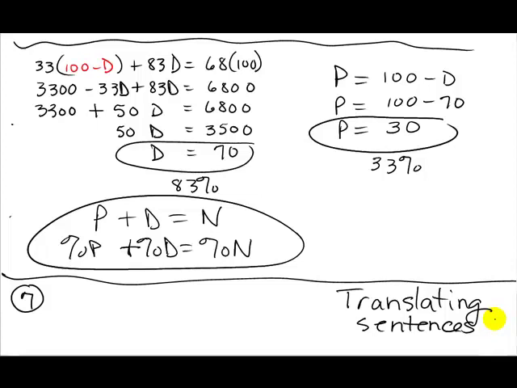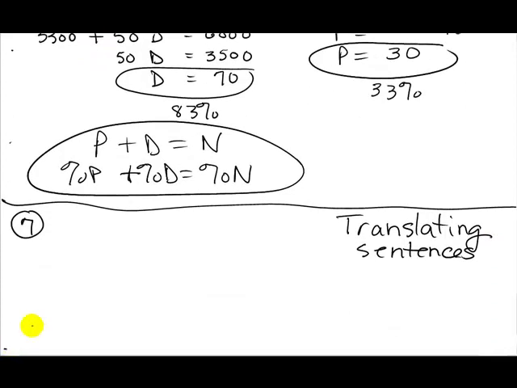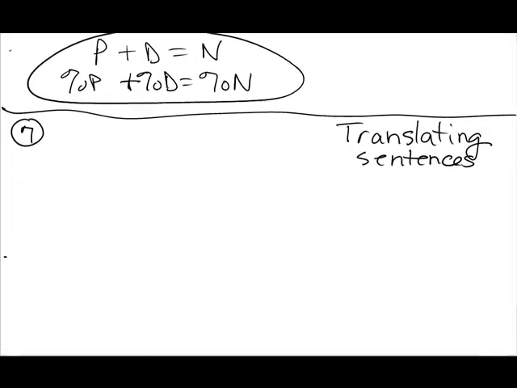Substitution doesn't work well here. We want to use addition/elimination. So we've got 5H for hot dogs plus 3B for bags of chips equals 10.50. And this time I'm going to work with the decimal.